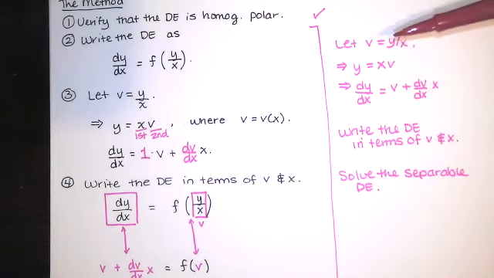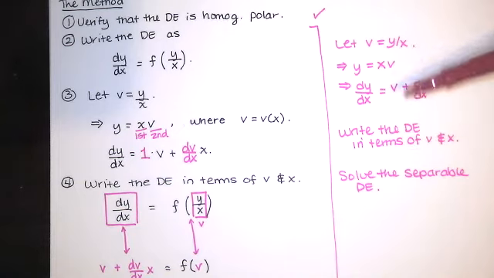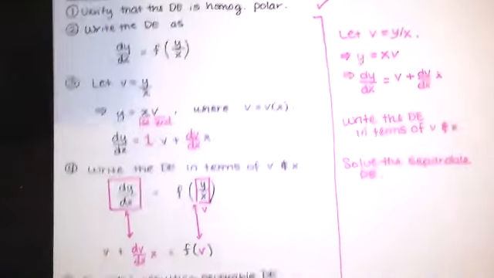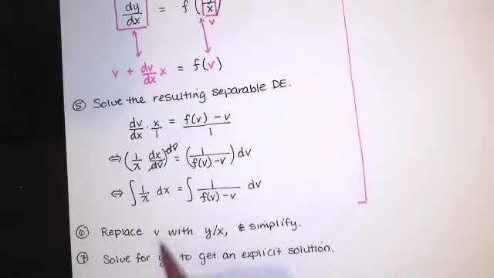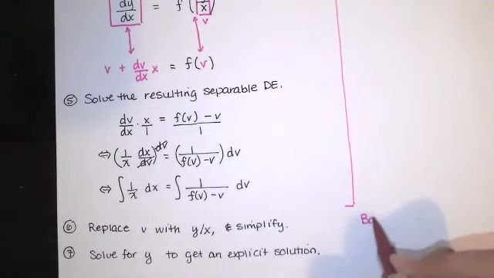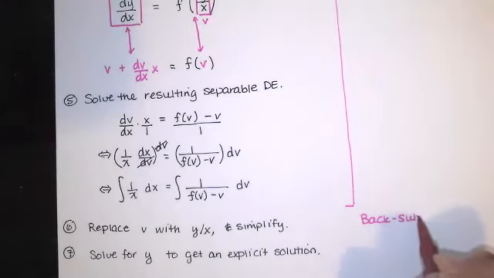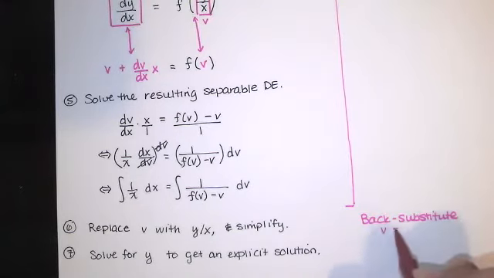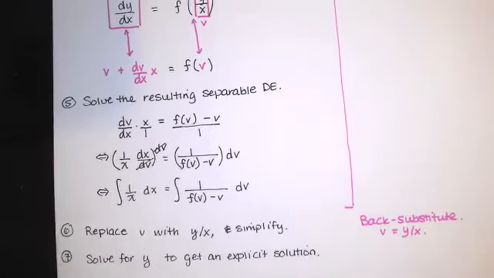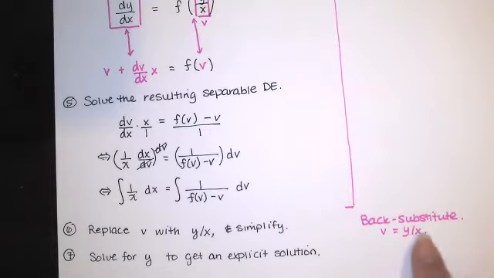And once you make the substitution and you separate the variables and solve it, all you have to do is do this last step, which is back substitute, because v is equal to y over x by design. And we say, well, why is that design okay? It's because the differential equation is homogeneous polar. If the differential equation is not homogeneous polar, none of this is even possible.